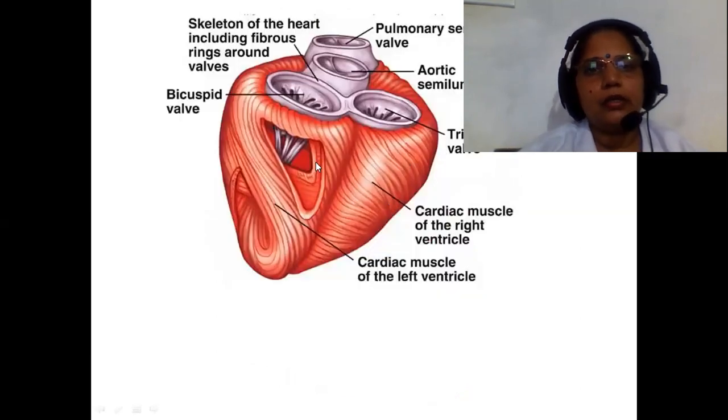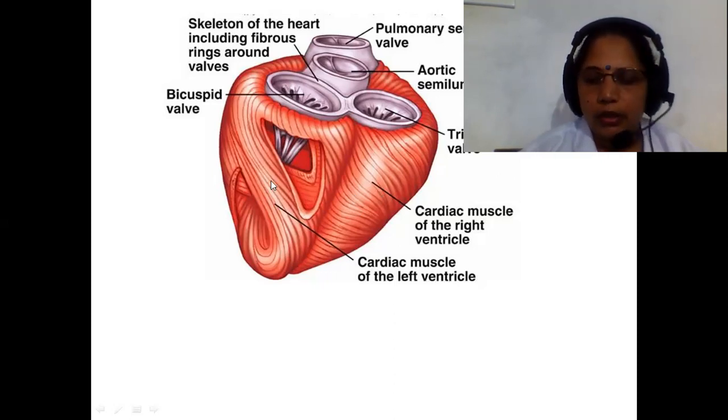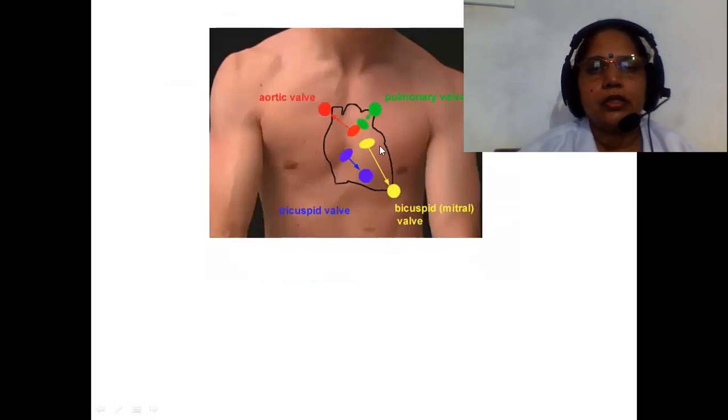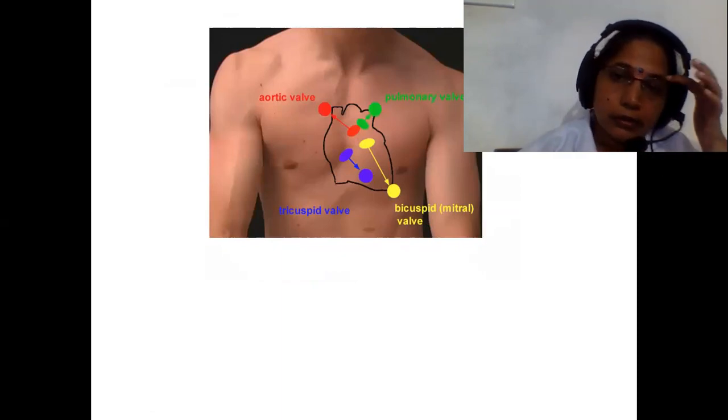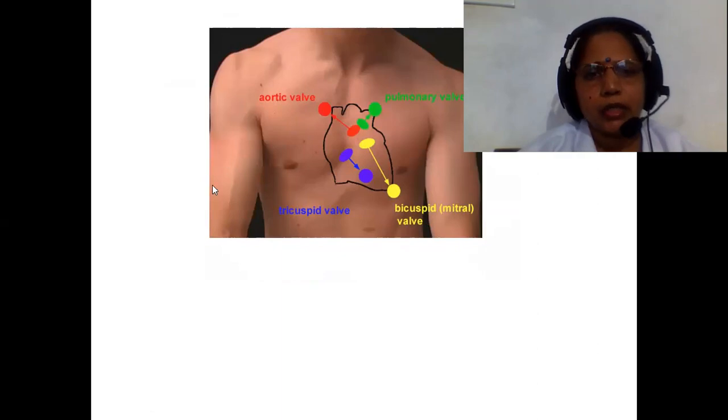Next, here in that part you can see very clearly, these are all the valve structures: pulmonary valve, aortic semilunar valve, bicuspid valve, and tricuspid valve. This structure is the cardiac muscle of the right ventricle and cardiac muscle of the left ventricle. See, this is the surface anatomy for the valves, as whenever we examine the patient, when we examine a cardiac patient, even in general.